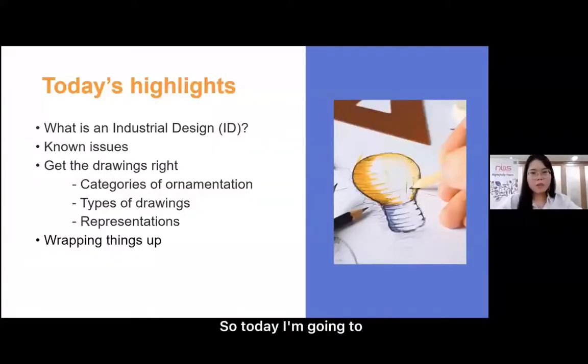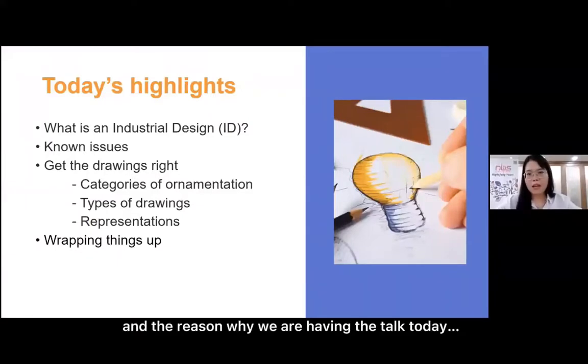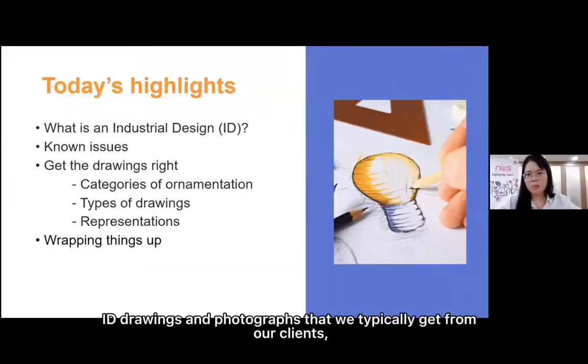Right, so today I'm going to explain to you what an industrial design is and the reason why we are having the talk today: to get to the known issues that are associated with ID drawings and photographs that we typically get from our clients.